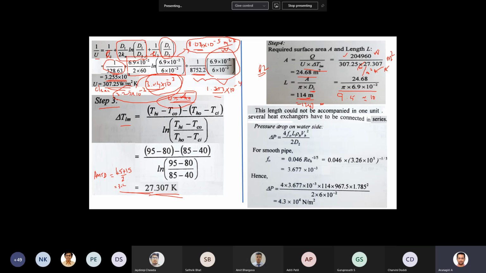So we are providing additional length. Calculate U based on this 120, so that you account for fouling also.